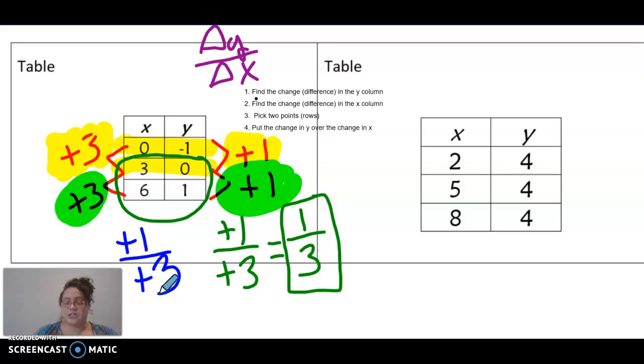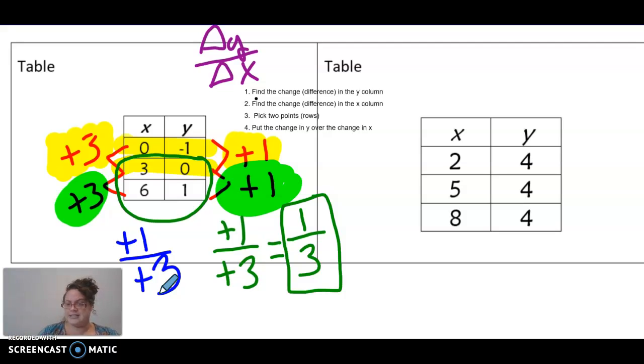So one really great way to check yourself is to go to 2 different rows and make sure that you're getting the same answer. It might not always look like the same answer right away, but after you simplify it, it ends up being the same answer.